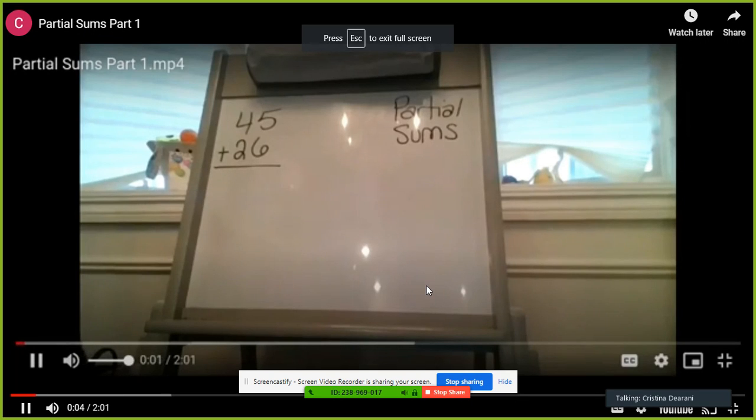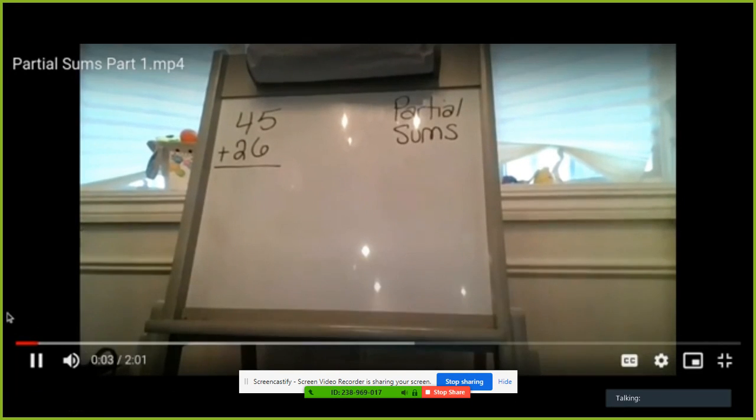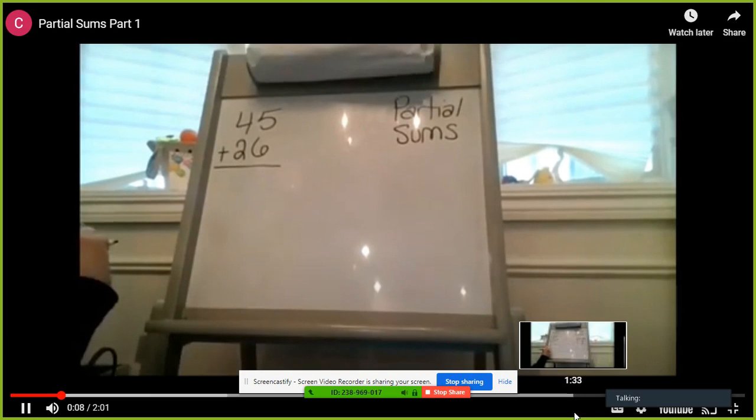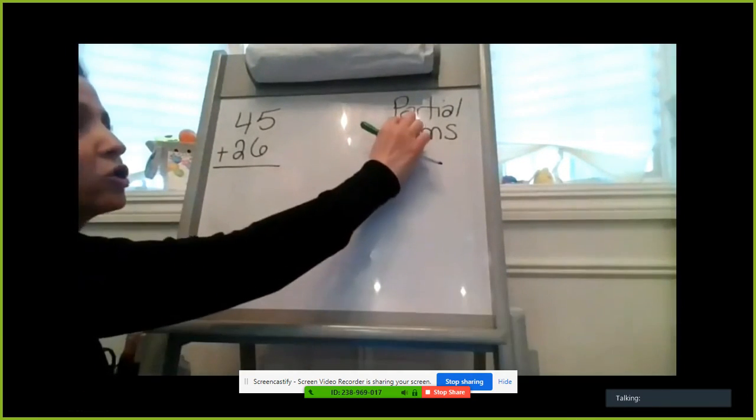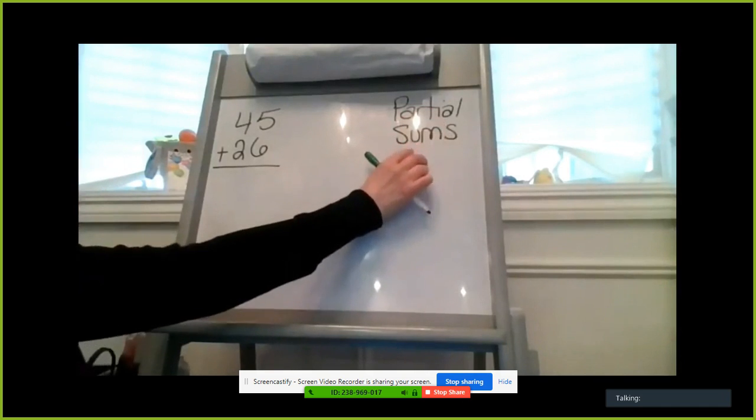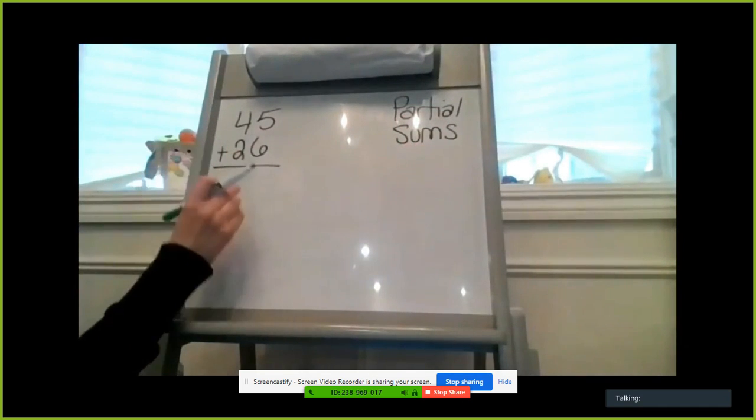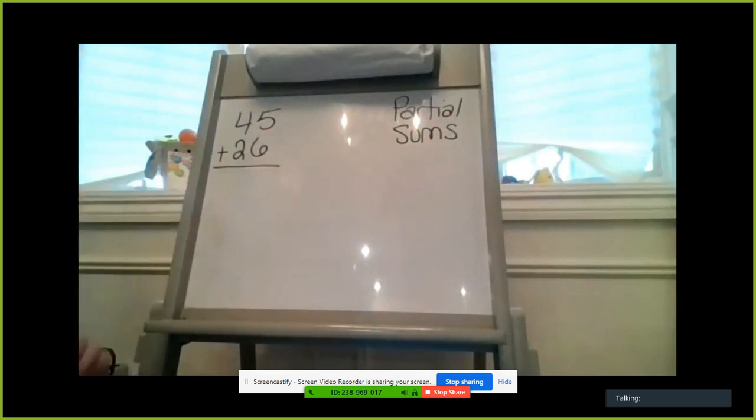Hi boys and girls, today I'm going to teach you how to add using partial sums addition. So the word partial sums, basically partial means part, sums means answer. So you're going to take parts of your answer and add them together. So I'm going to show you how that's done. So for the number 45 plus 26, we're going to make base 10 blocks.